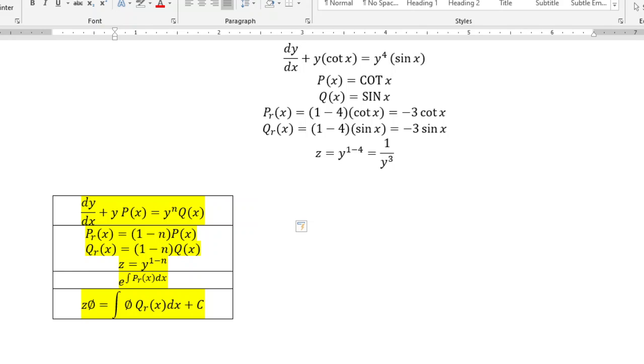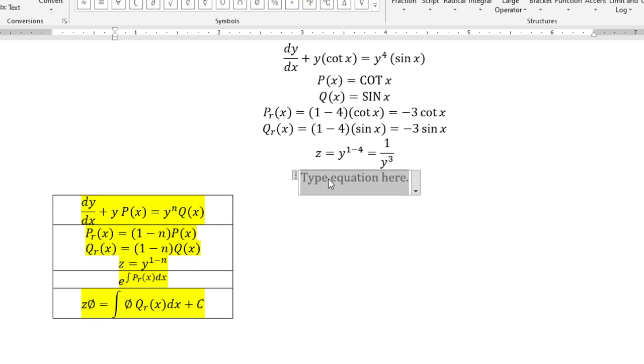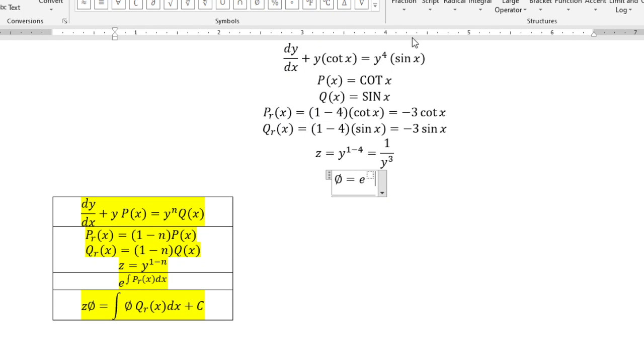And then, kailangan natin ng, after that pala, integrating factor, which is e raised to the integral of PR of x dx. So, ang PR natin is negative 3 cotangent x and then dx.